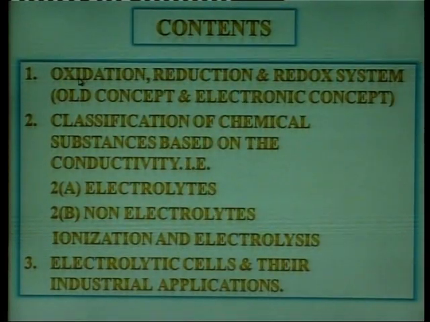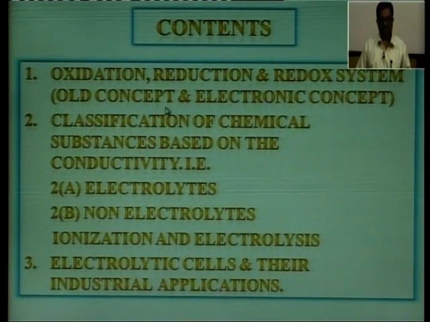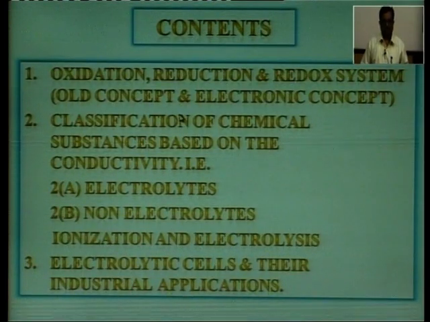To understand that, we need to know what is oxidation, reduction and redox reactions. Definition of these in terms of the old concept of oxidation and reduction and the electronic concept of oxidation and reduction.